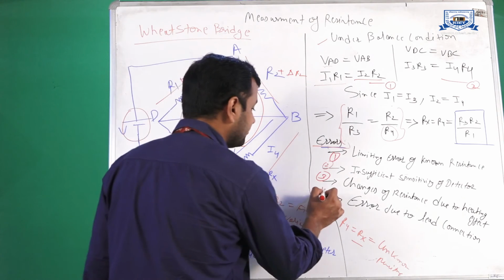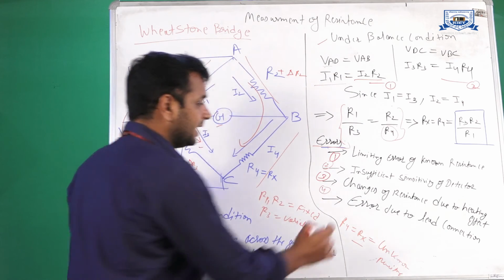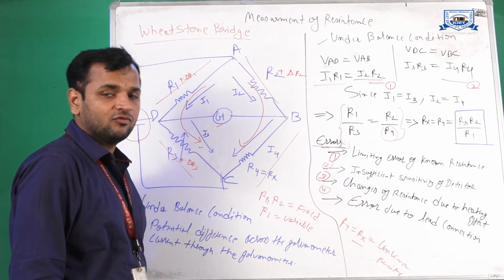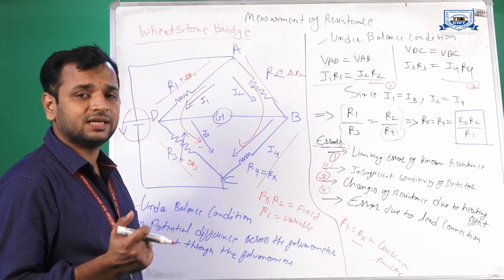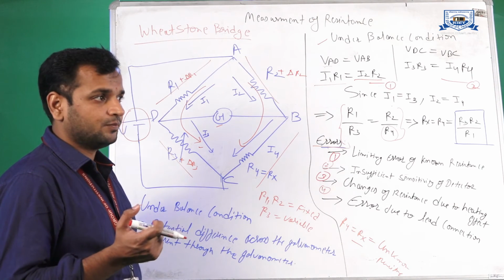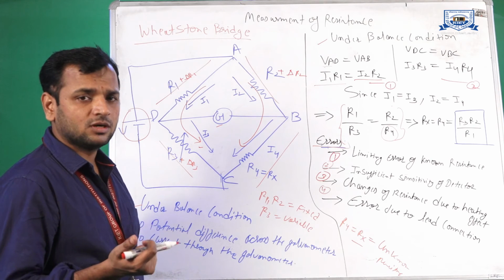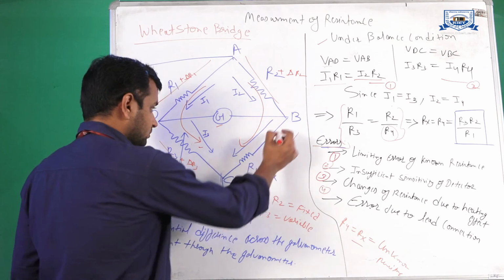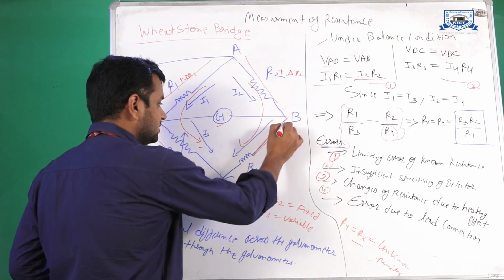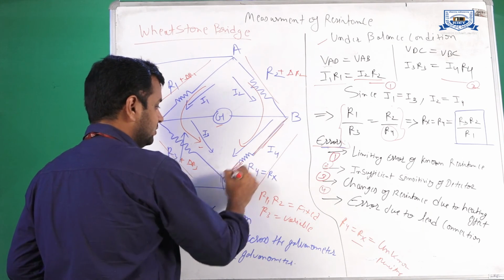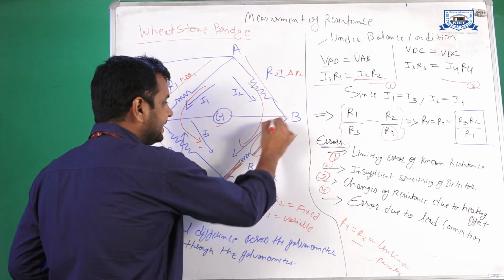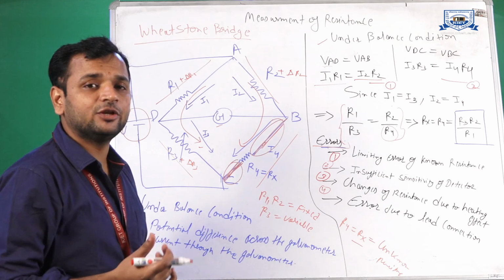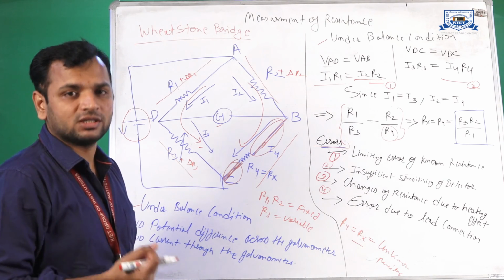The fourth and very important error is the error due to the lead connection. Suppose we are measuring a very low resistance, like 0.0001 ohm. The unknown resistance is connected with leads, so that lead resistance may be counted when we are measuring a very low resistance.